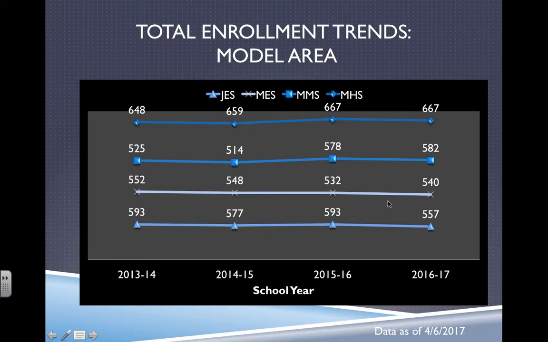But the elementary schools, Johnson has decreased and Model Elementary has increased a little, or decreased and then increased again. Sorry about that. So pretty much right in line with the trends that we're seeing in the high school. So we can anticipate maybe a little bit of fluctuation as these elementary and middle school students move up to the high school, but not a significant jump is going to happen.